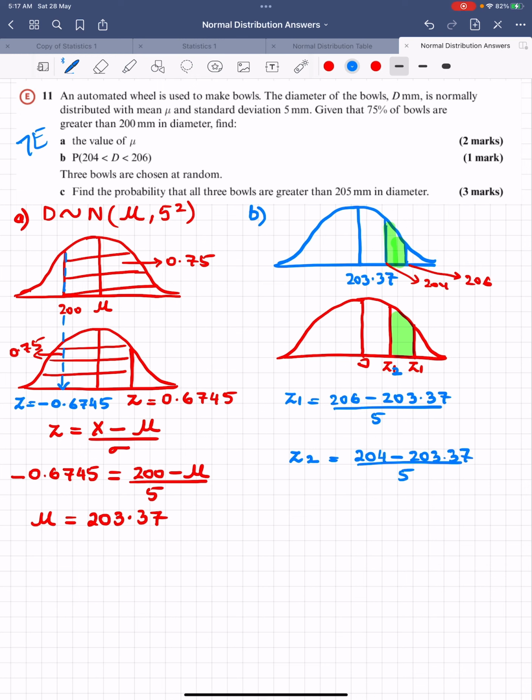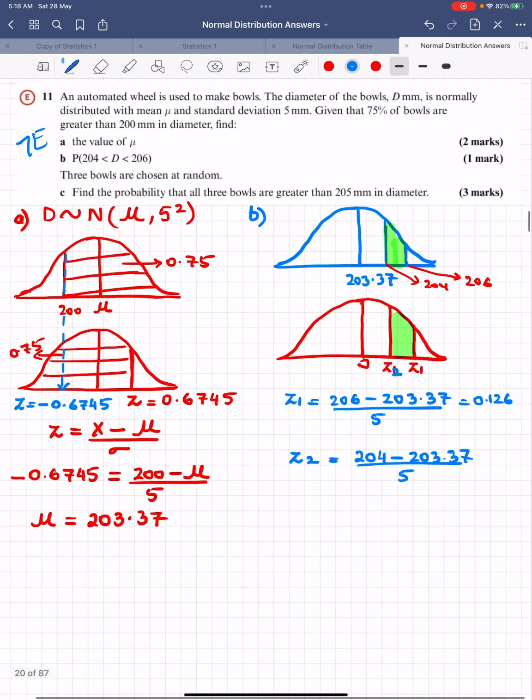For the first, the z value is 0.526, and for the second, it is 0.126.